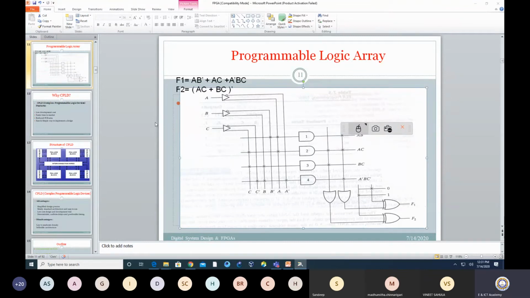For a 2-input XOR gate, if I consider input 1 and input 2, when input 2 is 0, then your output is input 1 only. And when your input 2 is 1, your output is the complement of input 1.